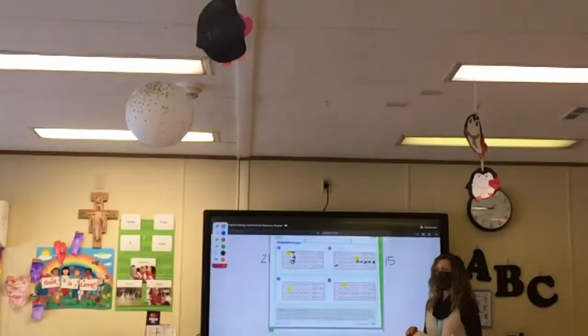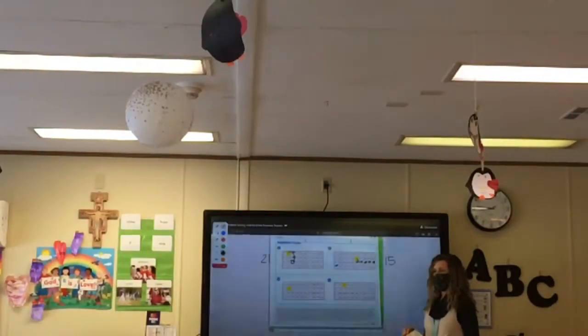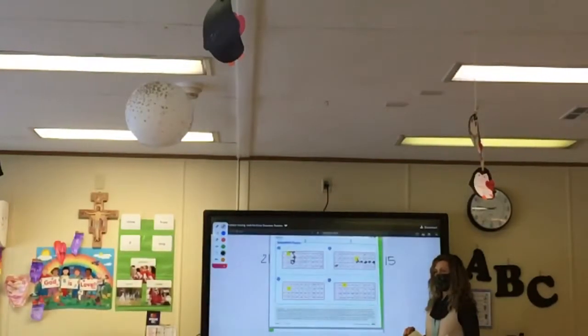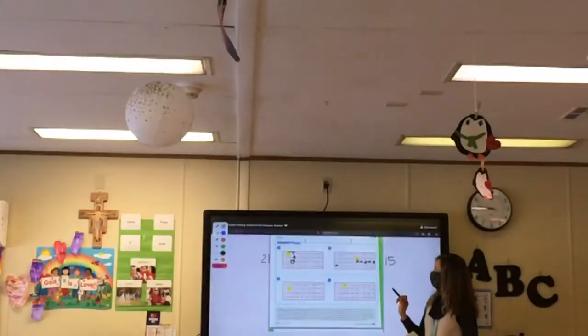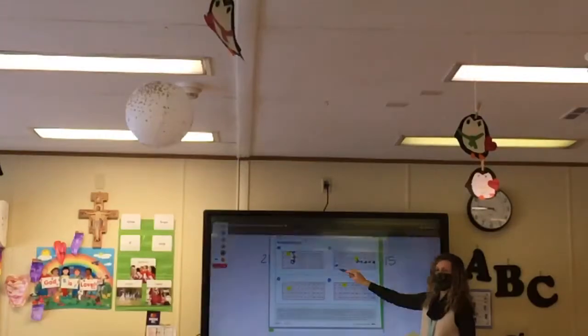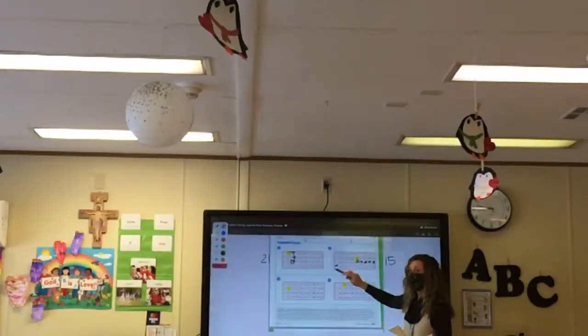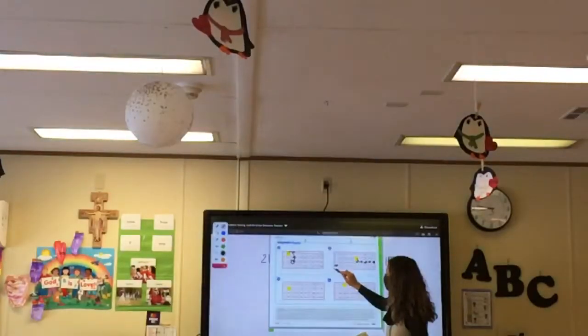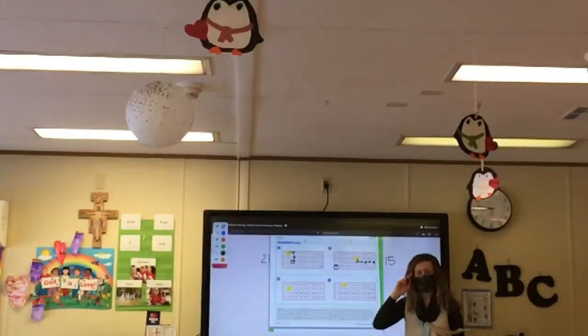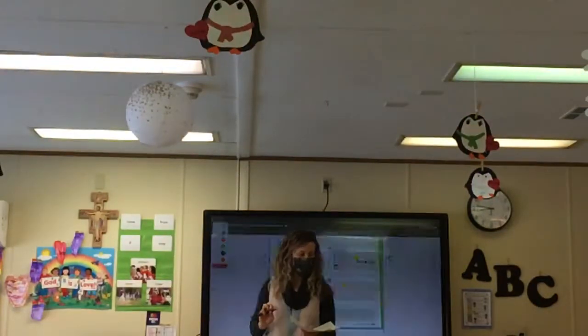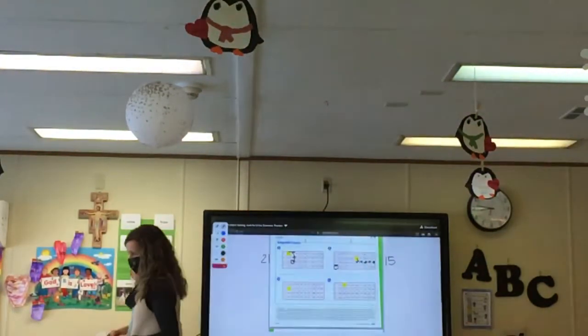All right, what number did we land on? What number did we land on, Alina? You went down to the next row. 71. 71 is the last number we landed on. Very good, so circle 71. Does that make sense?